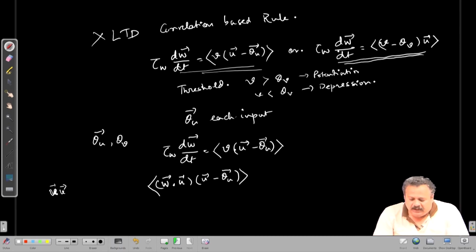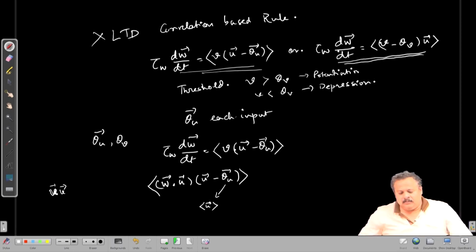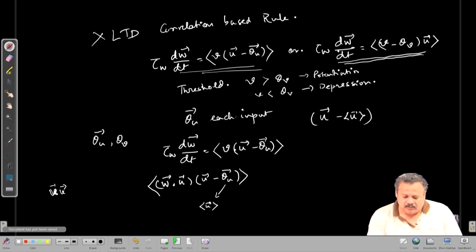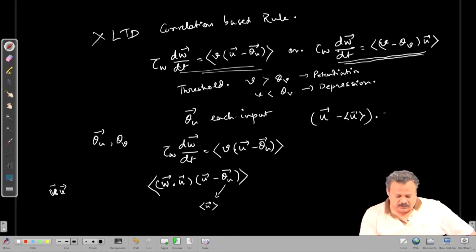So, here if we choose our theta u to be the average of u, then what we get is u minus average of u multiplied by w dot u.